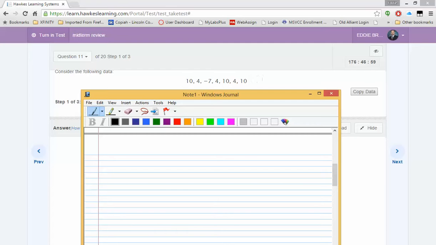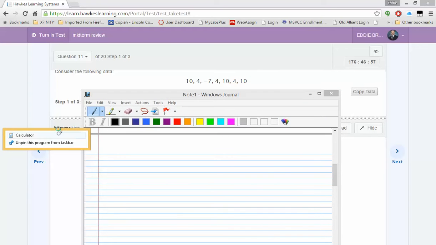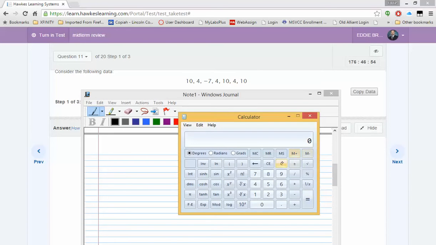So that means add all these numbers up, see what the mean is. 10 plus 4 plus negative 7 plus 4 plus 10 plus 4 plus 10. So I got 35, and that is 7 data items, right? 1, 2, 3, 4, 5, 6, 7 data items. So the mean of this set of data is 5.